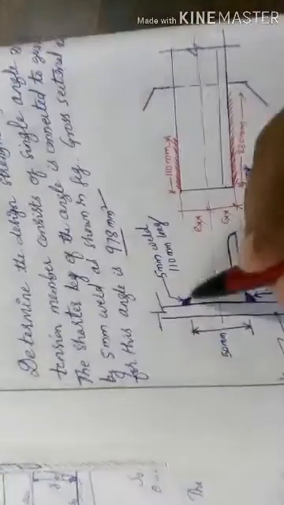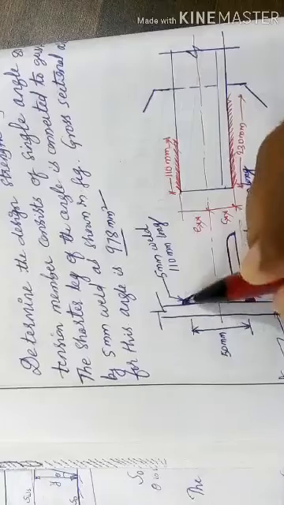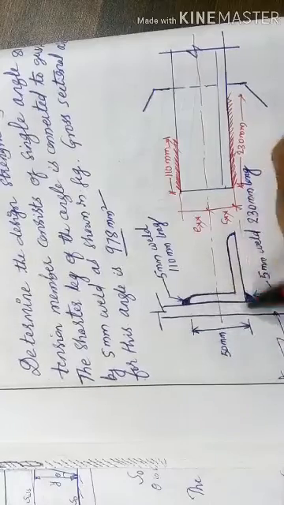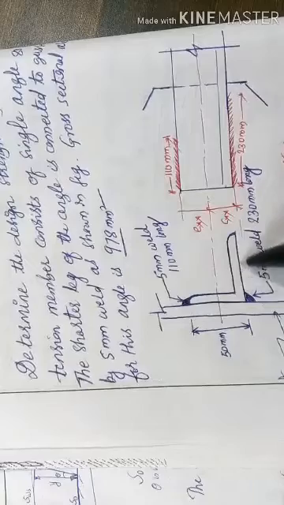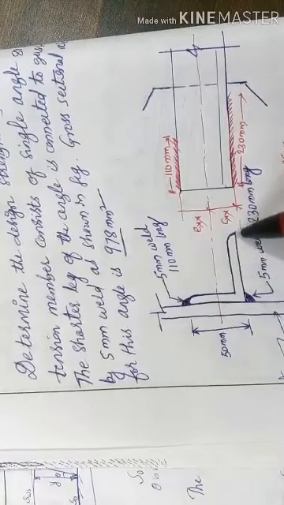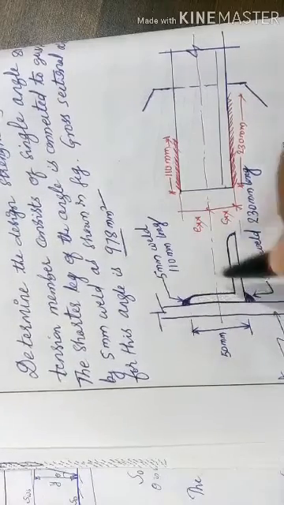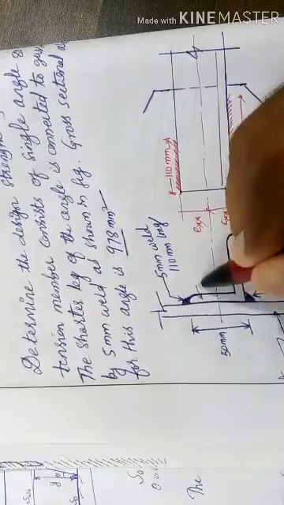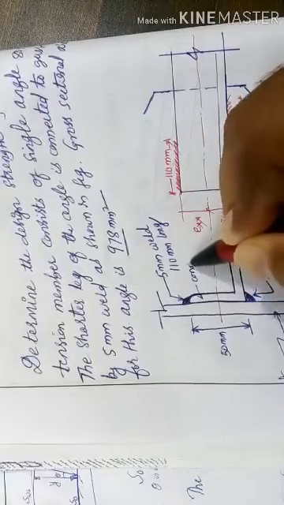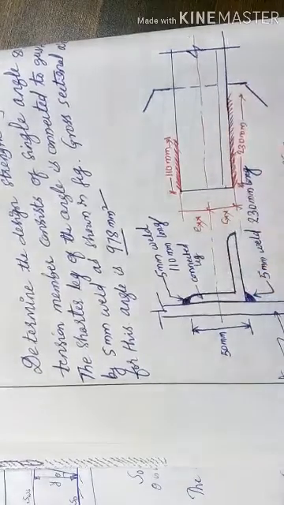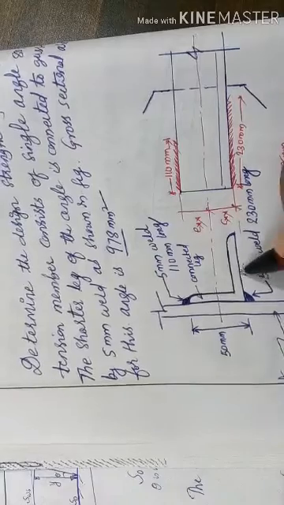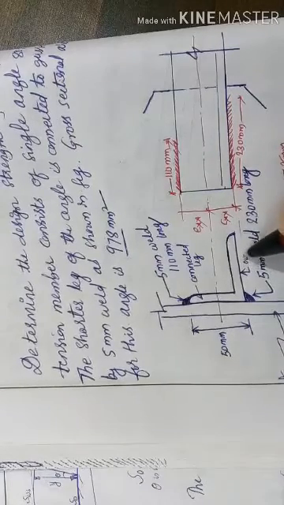This leg is connected, meaning the 50 mm, that is the shorter leg is connected to the gusset plate, the connected leg area. This is the outstanding leg, this one is the connected leg, and this is the outstanding or unconnected leg.